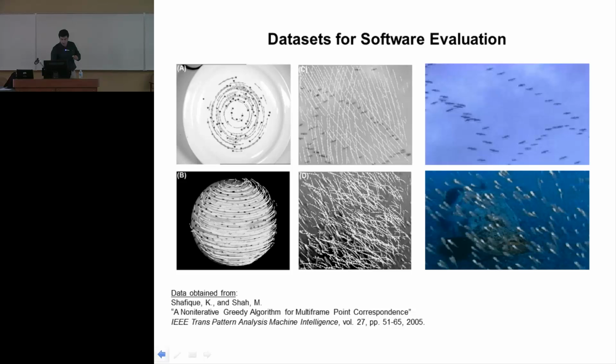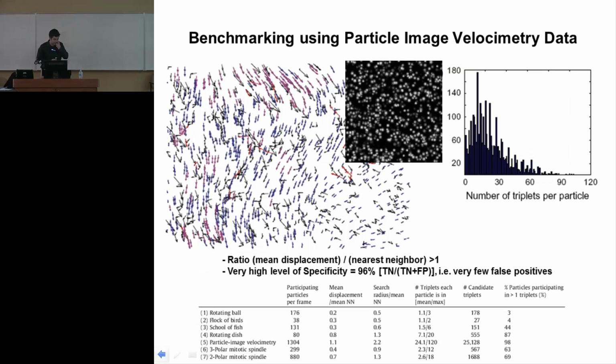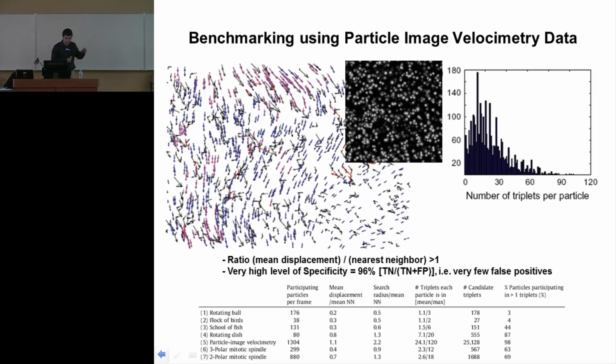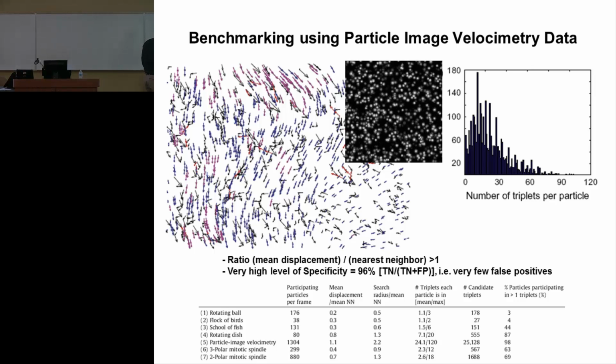And then actually the most challenging set, I benchmarked this algorithm. It was taken from a Japanese group that generates these PAV datasets, where the mean displacement from frame to the next was actually larger than the mean nearest neighbor distance of particles within the frame. So this is the set.